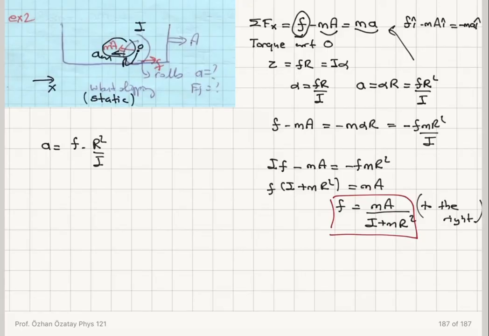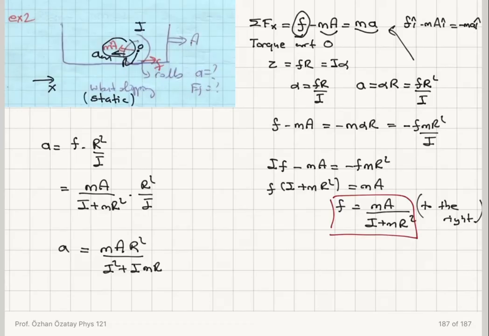Since alpha, the acceleration, is equal to f times r squared over I, I can just substitute for f. So it's ma over I plus mr squared times r squared over I. So this will be ma r squared over I squared plus I mr squared.